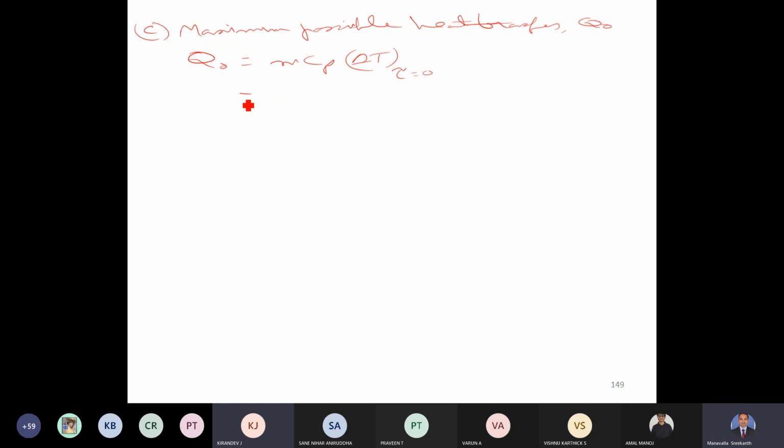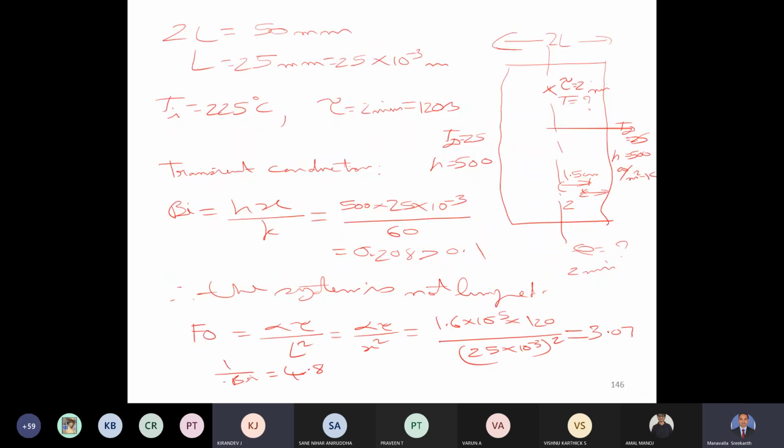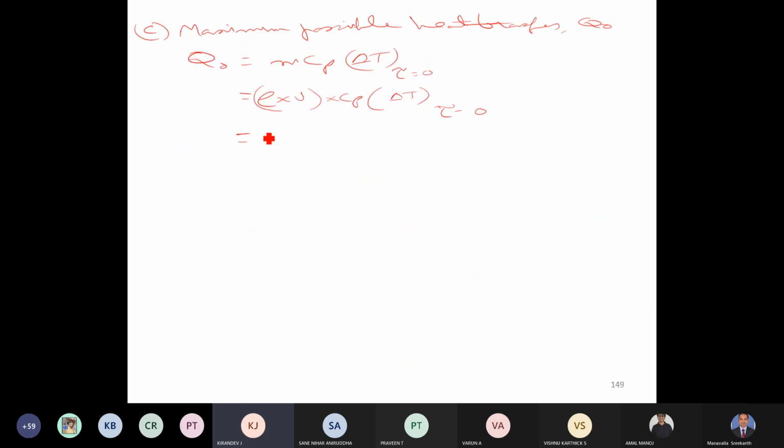So mass is density multiplied by the volume, and Cp and delta T at tau is equal to 0. Okay. Now we are given the density in the problem. The density is 7,850 and the Cp is 0.46 kilojoule per kg Kelvin. 7850 density multiplied by the volume.